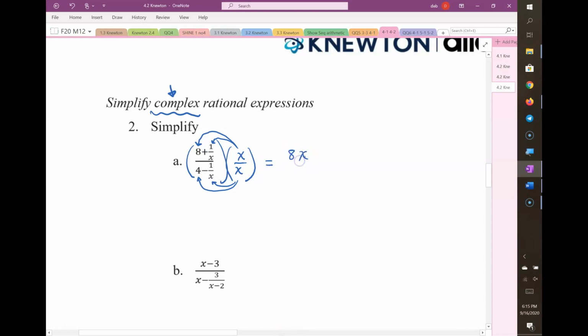So in the numerator, I'm going to get 8x, and then the x's are going to cancel in the second term. And then 4x minus, and the x's are going to cancel in the second term. So I like this way because it seems like it gets to the answer quicker.